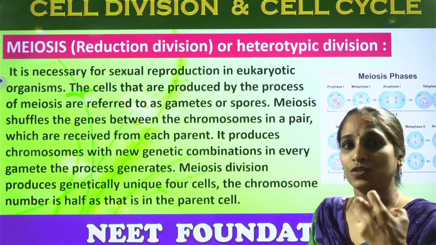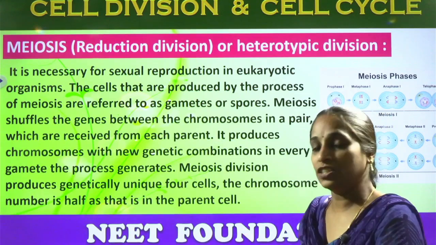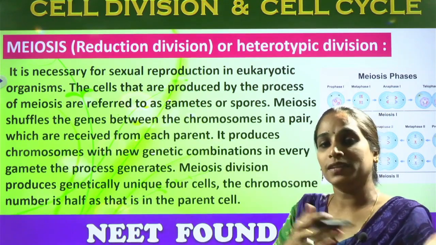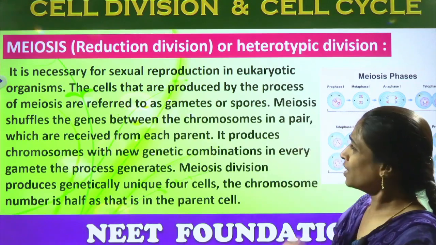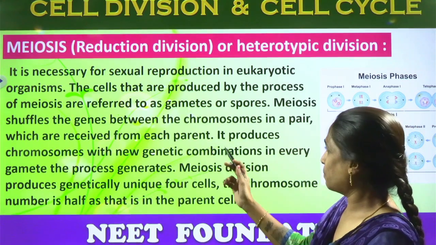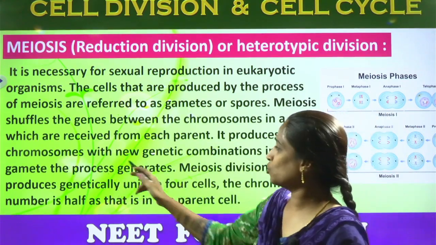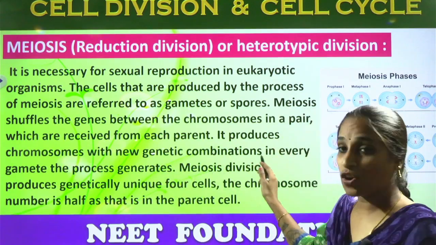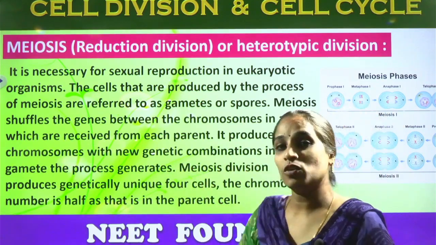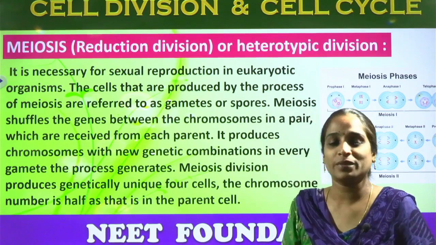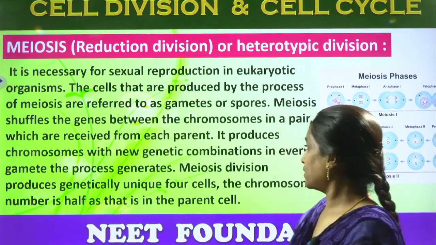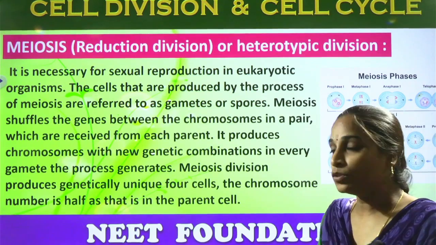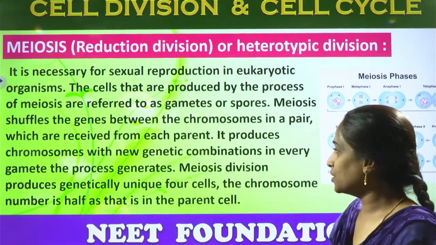The characters passed from parent to progeny will be somewhat different from the previous generation. So crossing over produces chromosomes with new genetic combinations, and these lead to evolution through variety. Various genetic combinations are produced by meiotic cell division.